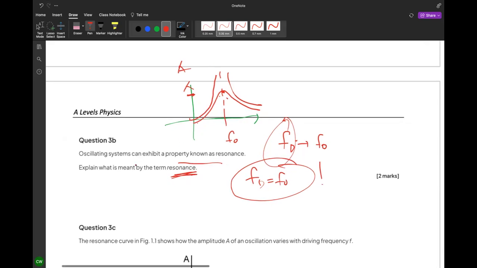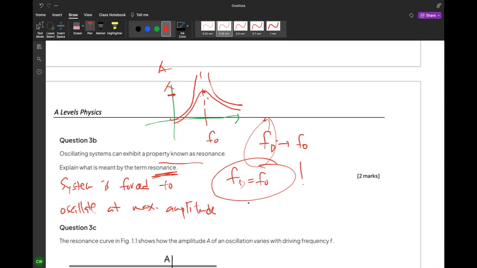Okay, so describe what is meant by resonance. That means the system is forced to oscillate or vibrate at maximum amplitude as the driving frequency equals the natural frequency of the system.